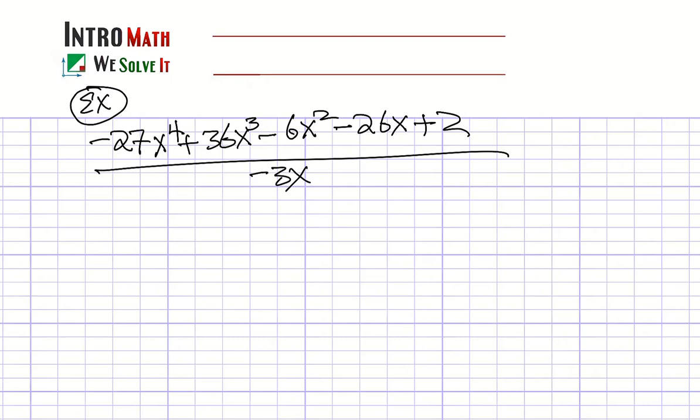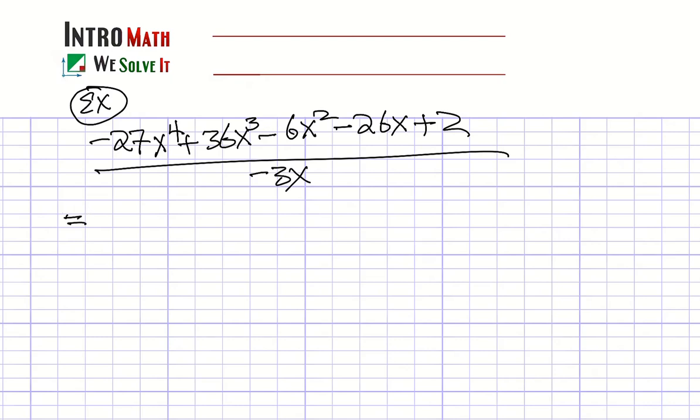Okay, this is our next example. It's a little bit long, but so what? It looks like they combined 2 problems into one, but we can handle it. It's just long, that's all. You just break it apart like we normally do.